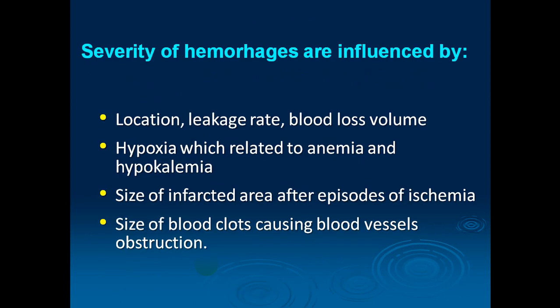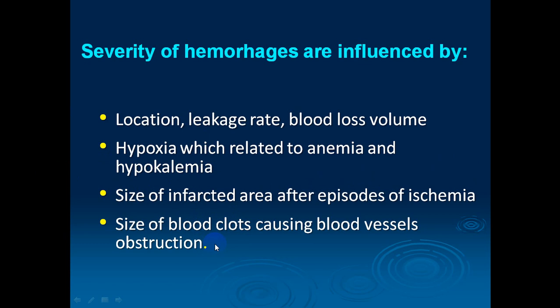The severity of hemorrhage is influenced by the location and also the volume of blood that escapes from the vascular area. Severe hemorrhage can also cause an ischemia process, meaning a low supply of oxygen in the tissue, and this ischemia can cause infarcts. I will explain this later in the next slides.